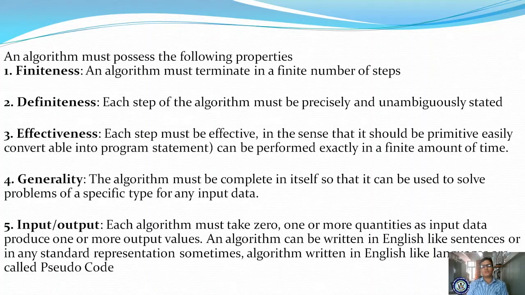Sometimes algorithms written in English-like language are called pseudocode. This question is asked, so please make a note of what pseudocode is. We are writing in general English language to define the flow of a program. That general English language to define the flow of an algorithm is called pseudocode.